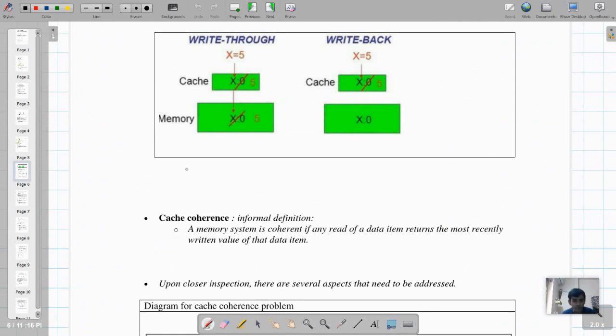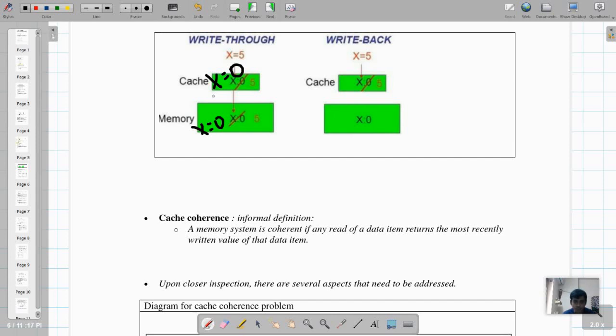Initially, the value of x was 0, which has been required by the processor here, right? So this x equals to 0 value has been introduced into the cache.